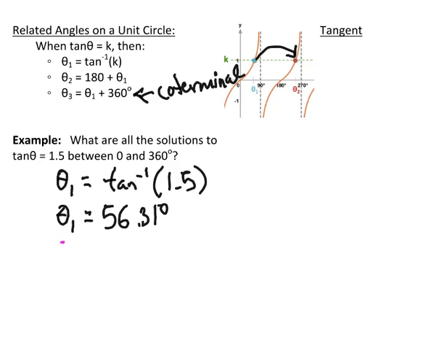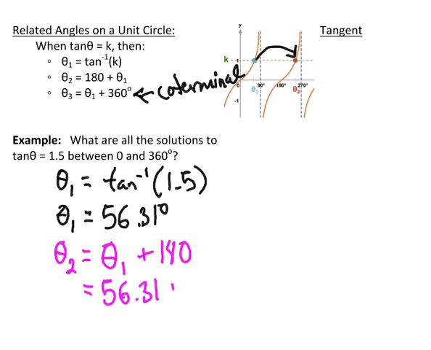And to get theta 2, all you have to do is take theta 1 and add 180 degrees to it. So we'll take our 56.31 and add 180 to that. And that gives me 236.31 degrees.